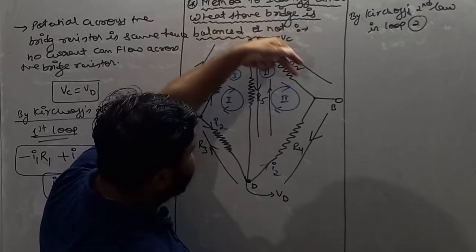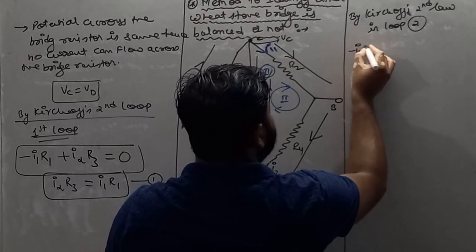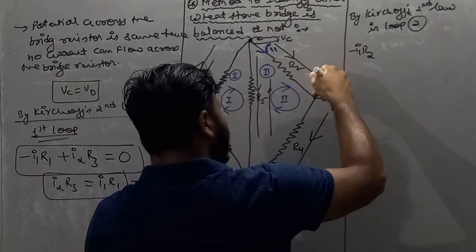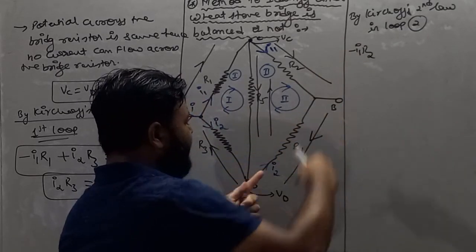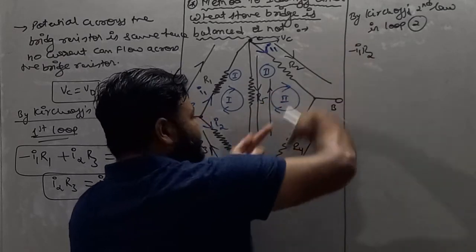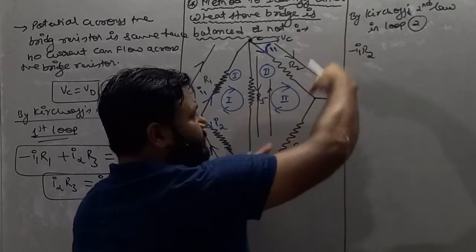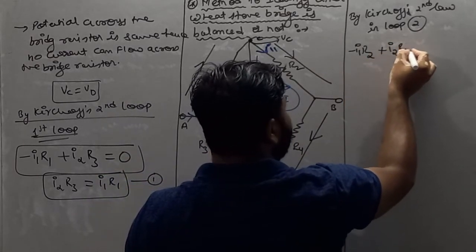My direction and current direction in resistor R2 are the same, so I'll write minus I1 R2. Now moving forward, see, I encounter R4. In R4 the current I2 is there, and my direction and current direction are opposite, so I'll write plus I2 R4.